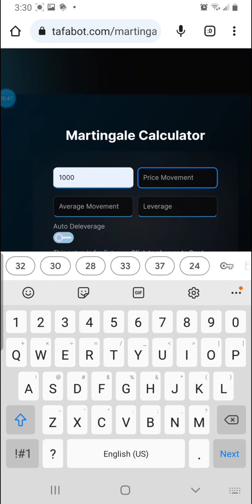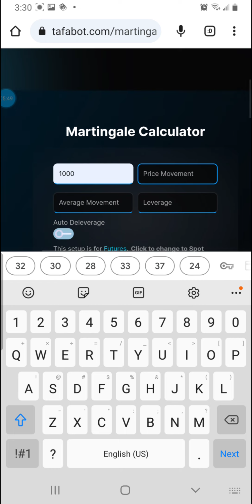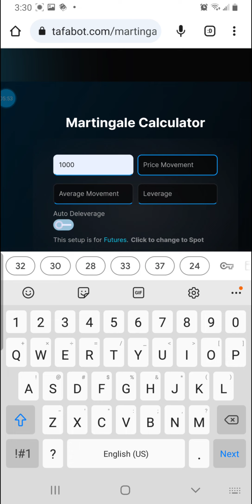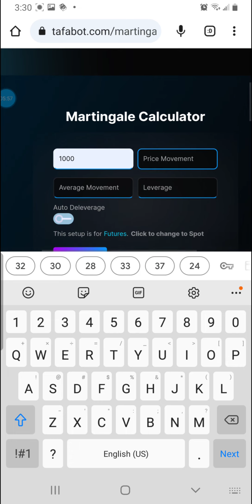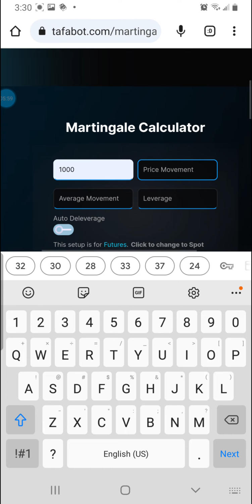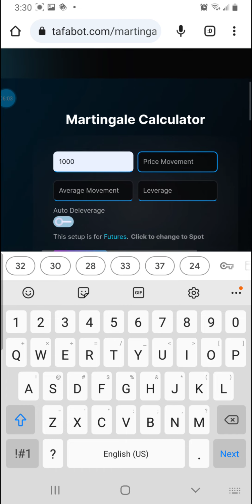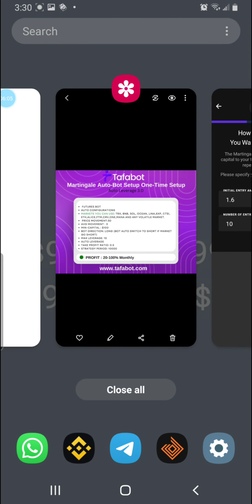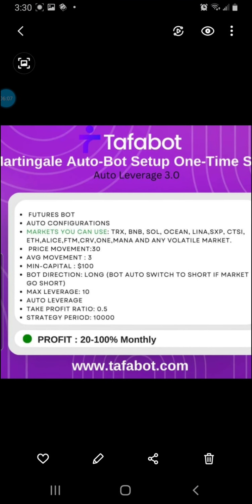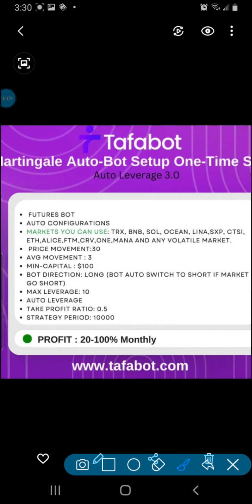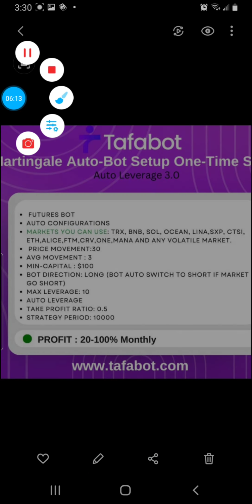Price movements are usually on the average of 1 day, 2 days, 3 days, 1 week, 1 month. Average movements are usually within 5 minutes, 10 minutes, 1 hour. But let's assume you are working with management indicators. So we go to management indicators here and pick the price movement given to us, 30, and then average movement is what?